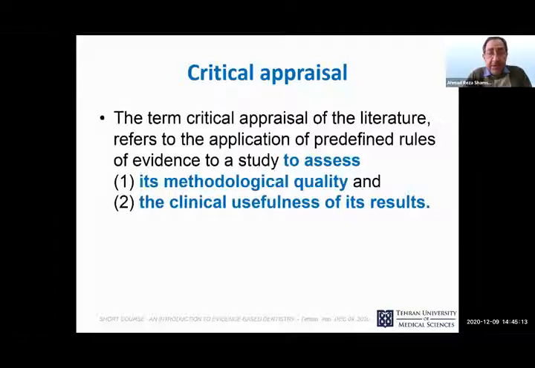Critical appraisal refers to the application of predefined rules of evidence to a study to assess its methodological quality and then the clinical usefulness of its results. So we should at first be certain that what we found in the databases is valid from the methodological point of view, and then we should focus on the results and find out whether the findings are clinically useful for our patient or not.